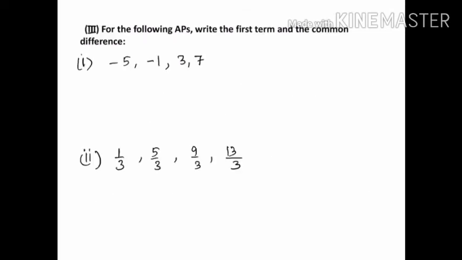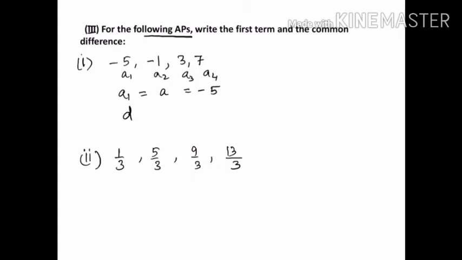Question number 3 of the same exercise. For the following APs, write the first term and the common difference. It's already given in the question that these lists of numbers are APs. 4 terms of the AP are given, that is A1, A2, A3 and A4. So the first term is minus 5.